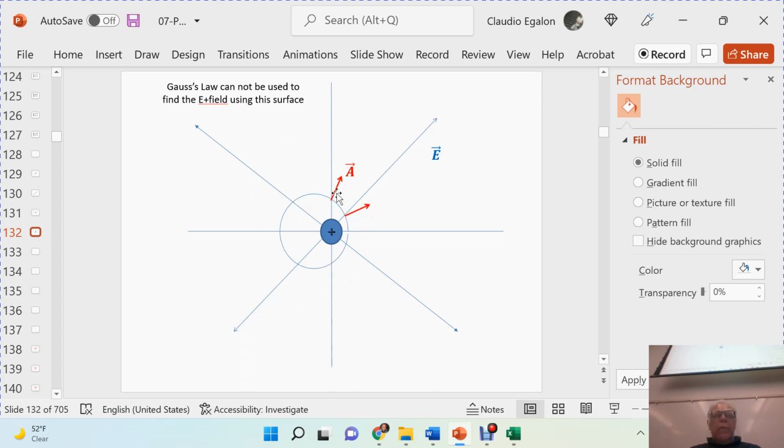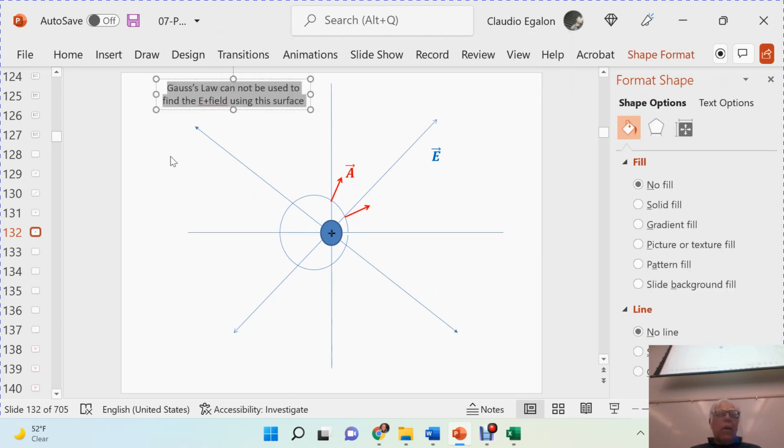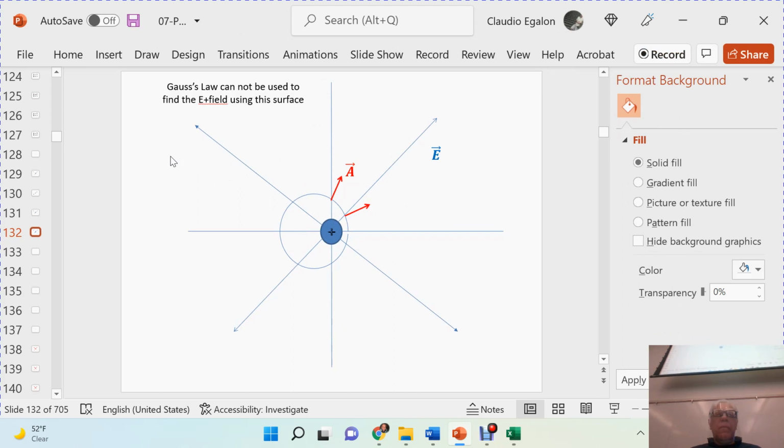You gotta do some serious numerical integration, because in this case, the electric field is not necessarily parallel to the area vector. The center of the sphere is a little bit offset, so the area vector doesn't point in the same direction as the electric field vector. So this problem you cannot calculate easily. You have to use numerical integration.